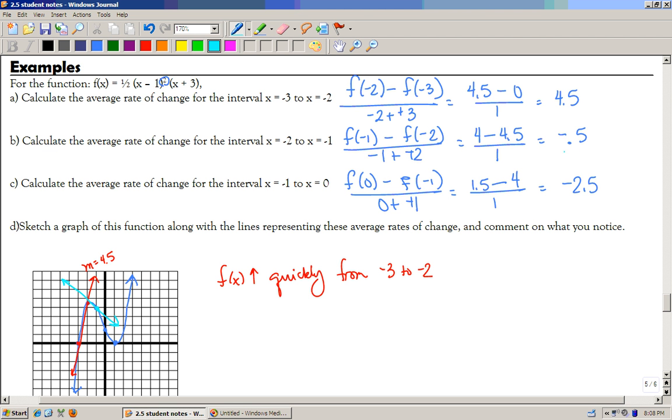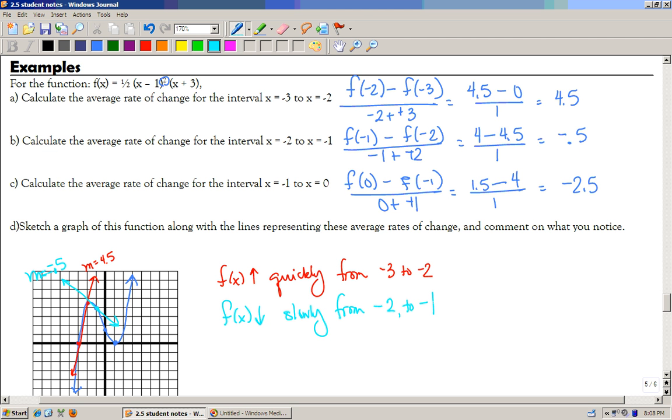It's not going quite as steeply. It's only a slope of -0.5. So it is decreasing slowly from x values of -2 to -1.